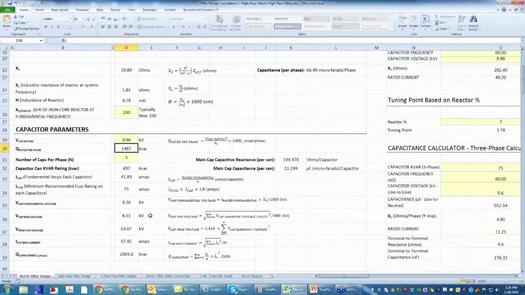So in this spreadsheet tool, it's basically asking, what cap voltage do you want to pick? In this case, we picked 9.96 kV as a starting point, and it wants to know how many capacitors per phase. At the medium voltage level, for everything above 4.16 kV, typically you can buy capacitors that are 50 kVar rated on up to about 600 kVar rated, and some manufacturers will actually go to 700 kVar on the individual cans.